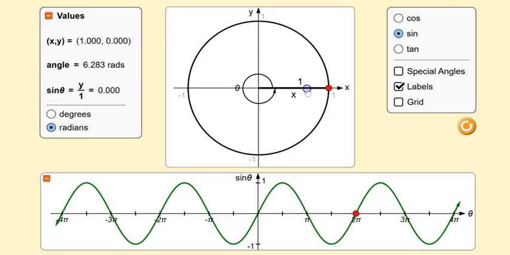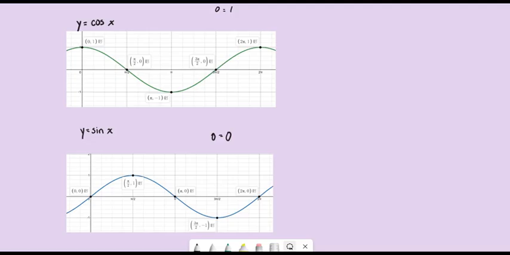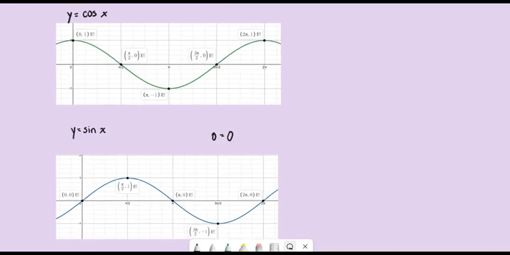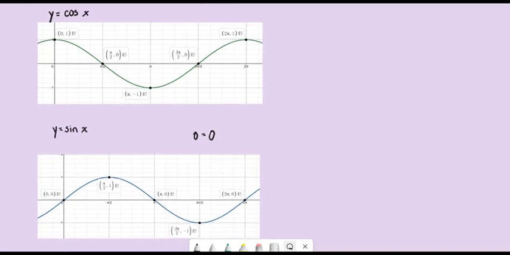So let's just look at the two differences here between sine and cosine. Okay, so here are the two graphs. When you have these waves, you're going to have either cosine or sine of x. And the big difference there is when x is 0, or 0 pi, cosine is at 1, and when x is 0, sine is at 0.